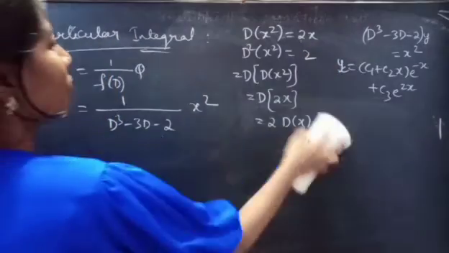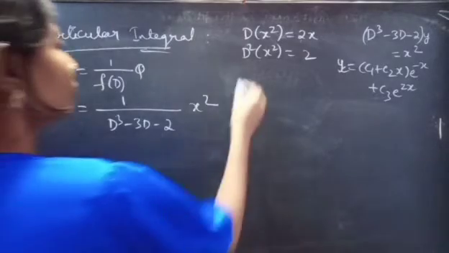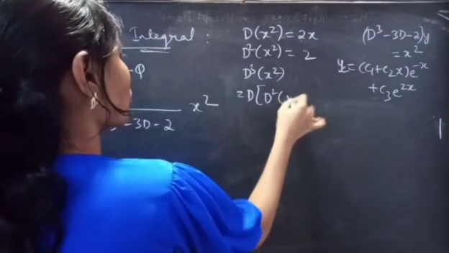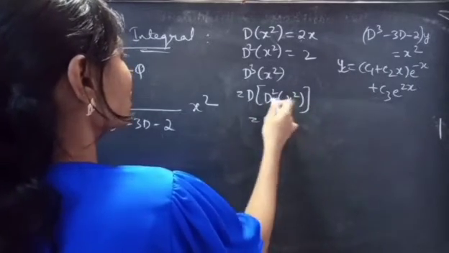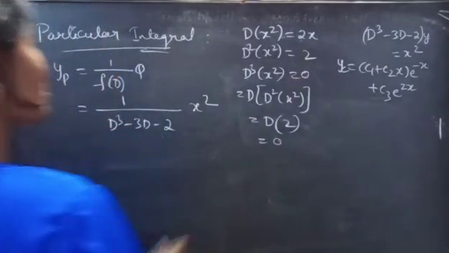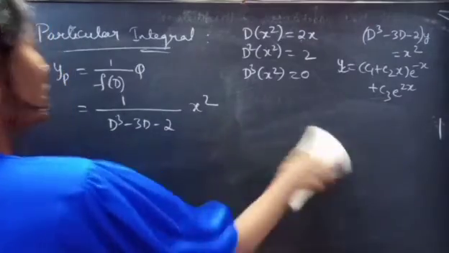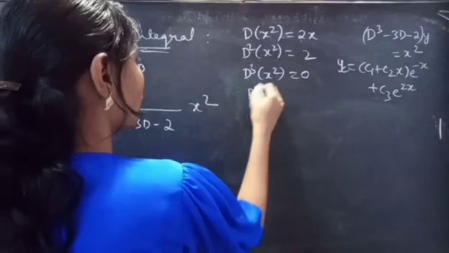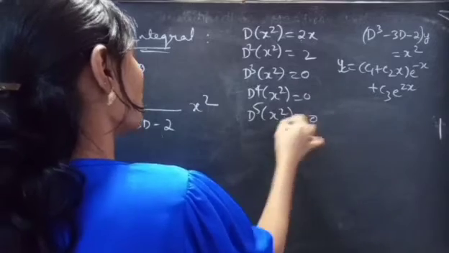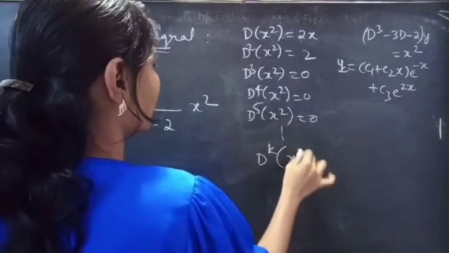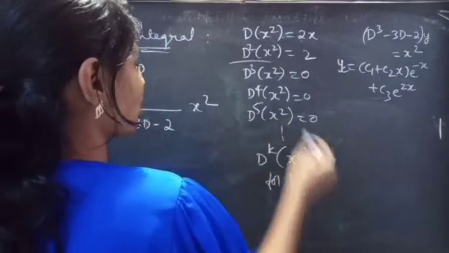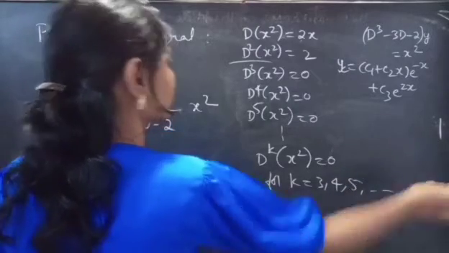Now find d cube of x square, which is equals to derivative of d square of x square. d square of x square value is 2, and we know that derivative of a constant is 0. So we'll get d cube of x square is 0. Likewise, we'll get d power 4 of x square is 0. D power 5 of x square is 0. And so on. In general, d power k of x square is 0 for k equals to 3, 4, 5 and so on. Right?